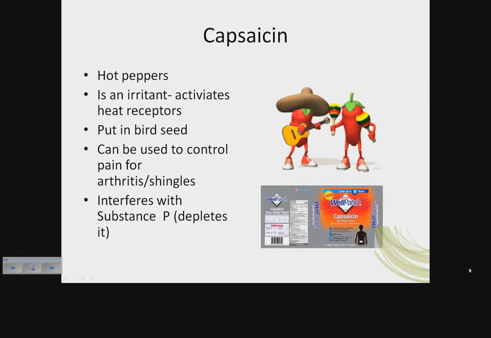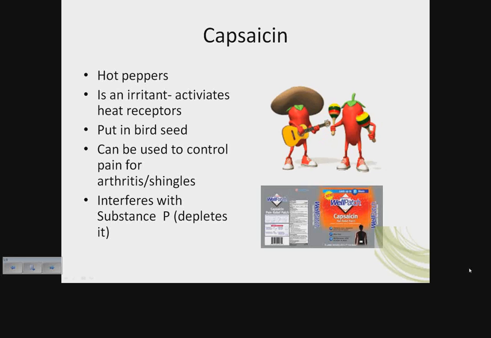I don't know. But capsaicin is used in creams and patches and can be used for controlling the pain of arthritis and shingles. Basically, you've had that icy hot cream, you might have used it, you put it on your skin, and the idea is that when the heat goes up, it overwhelms your receptors so that you are no longer feeling the dull throbbing pain.